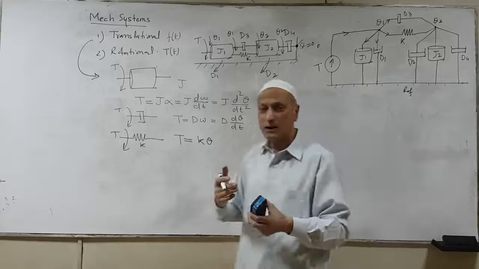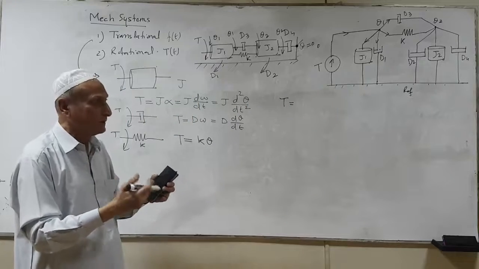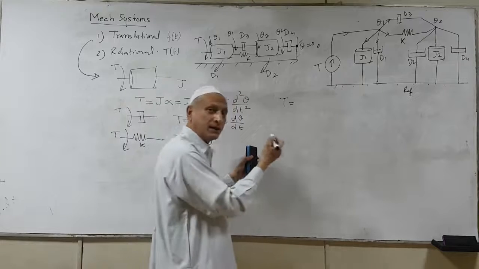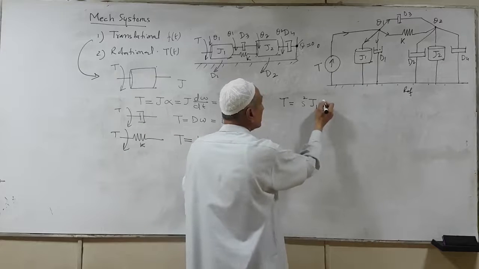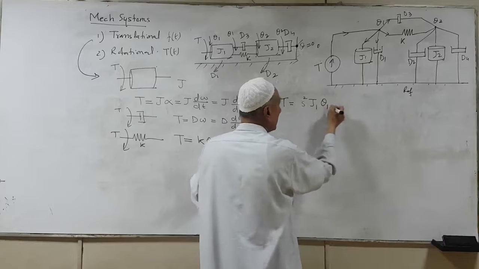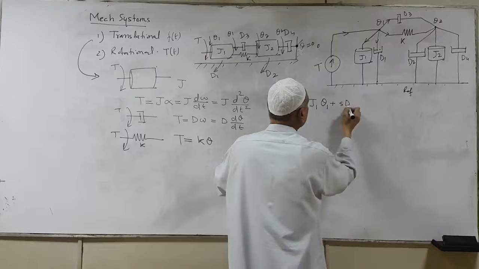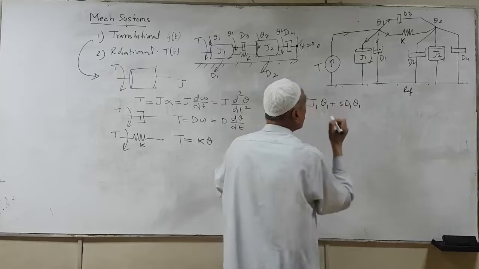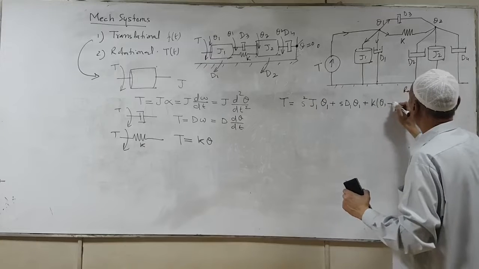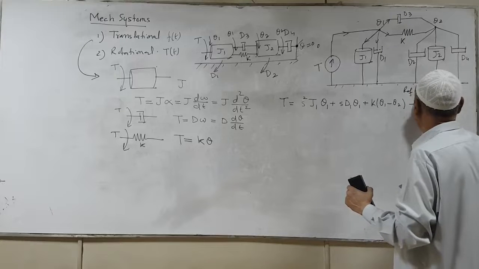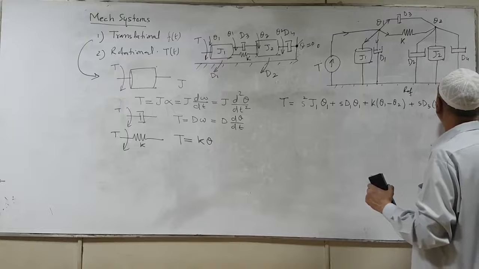Because I don't want to waste time, otherwise the video will get very lengthy and it will be difficult to upload, I go directly to the S domain. So in this case it is S squared J1 theta 1, plus S D1 theta 1, plus K (theta 1 minus theta 2), plus S D3 (theta 1 minus theta 2).